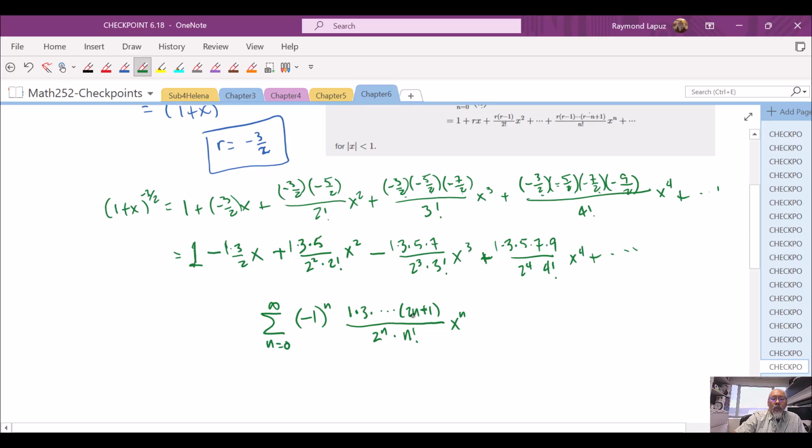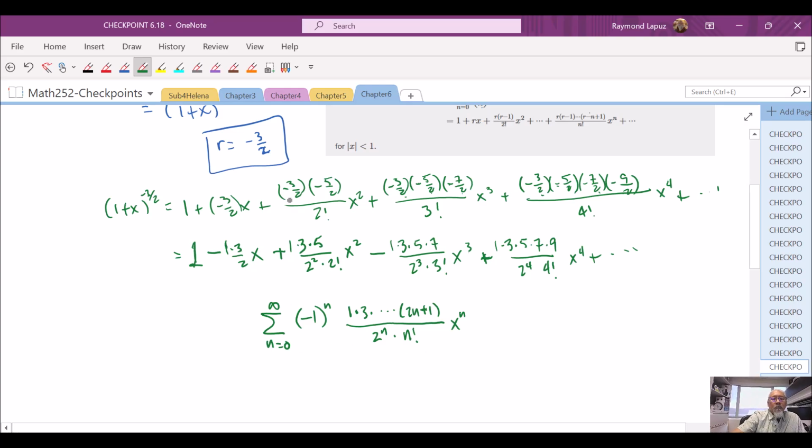And then the last term in the numerator would be 2 times 1 is 2, plus 1 is 3, so it's going to be 1 times 3. And then we have 2 to the first power, which is 2, and then 1 factorial is 1, and then x to the first power, so that's negative 1 times 3 divided by 2 times x.